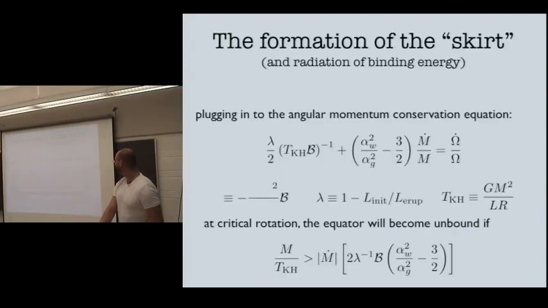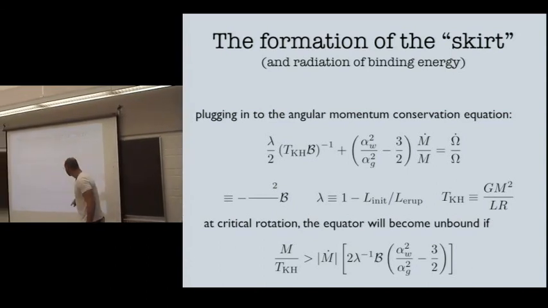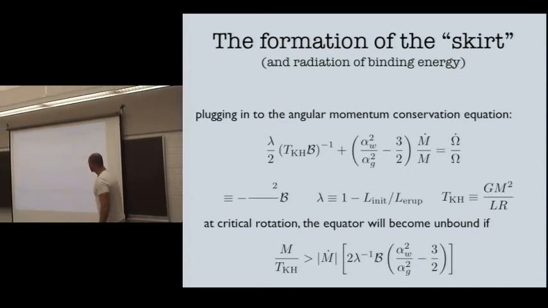Essentially, it depends on this relation here. If the star has very, very little binding energy, it has to contract very, very fast to compensate for the increased luminosity.